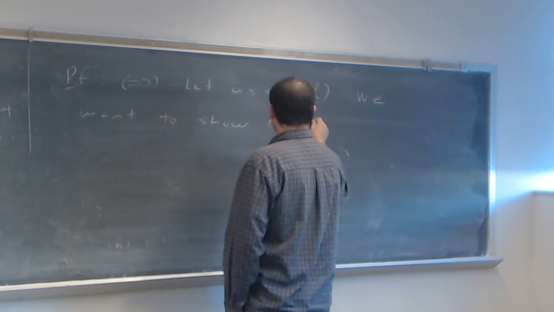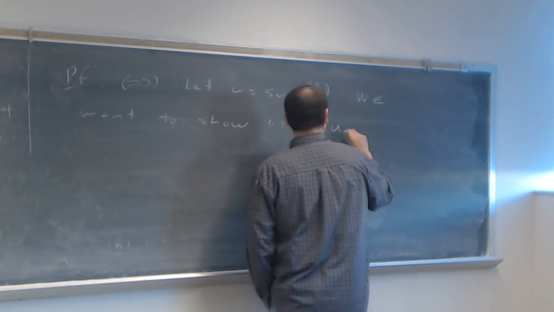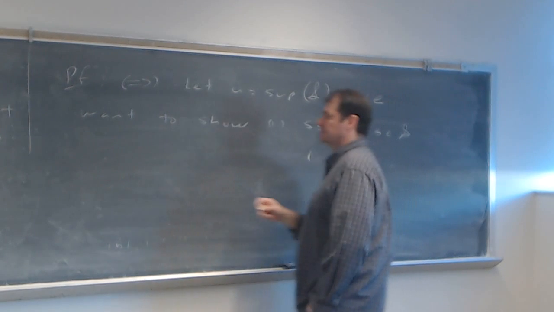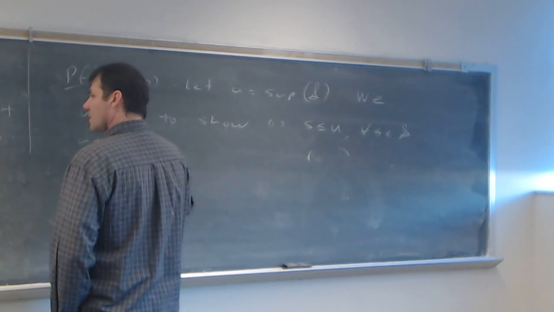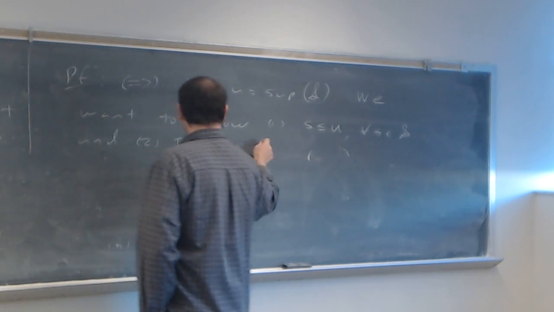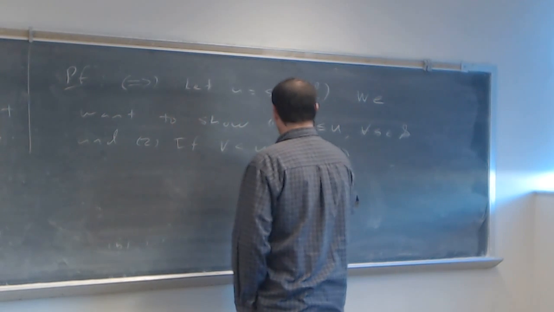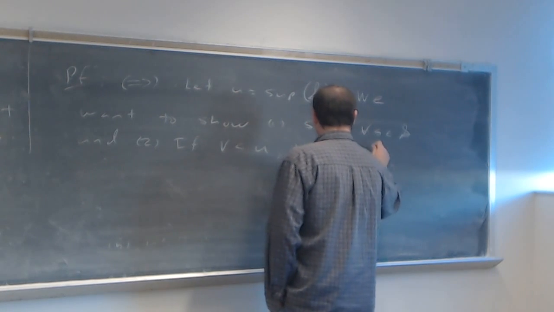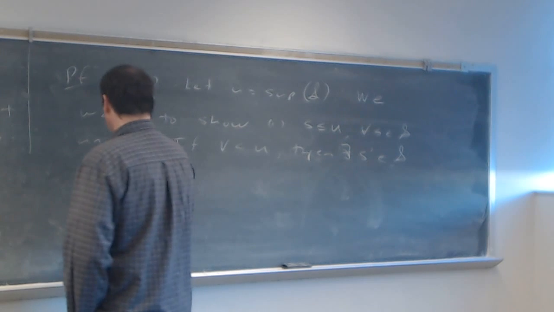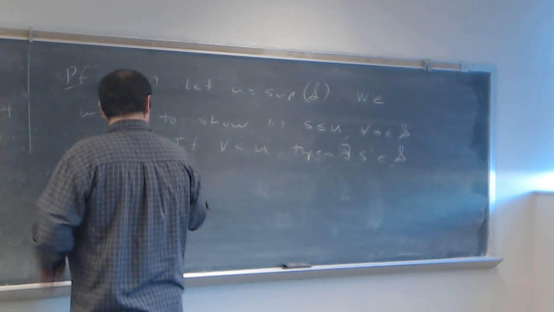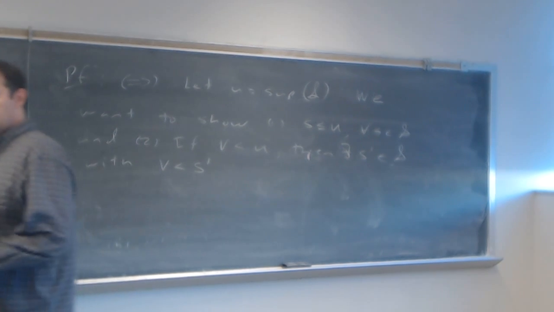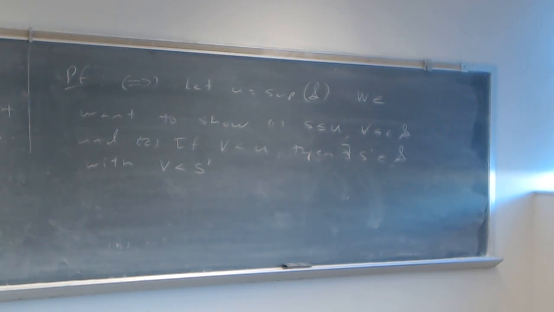One, s is less than or equal to u for all s elements of script S. And two, if v is less than u, then there exists an element s prime of script S with v being less than s prime. That's the two things we want to show in this direction.